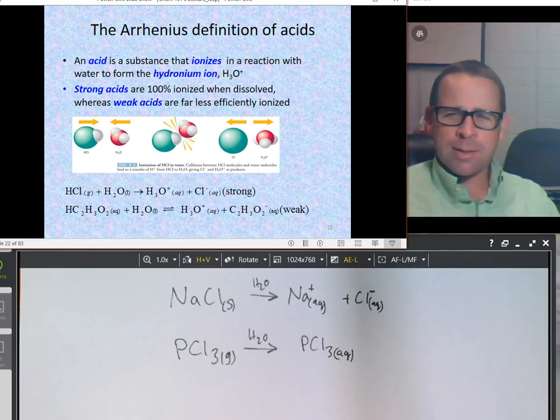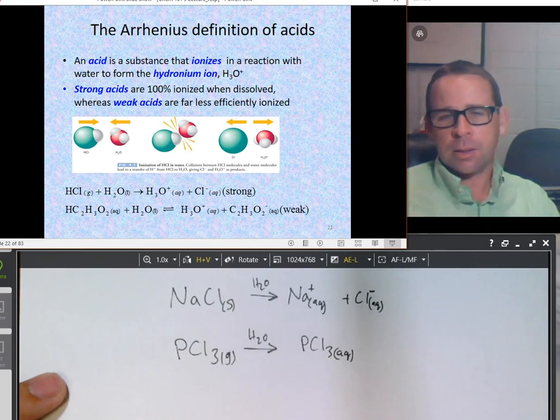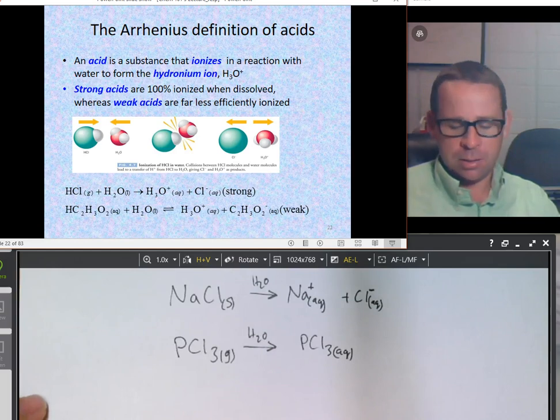But there are some molecular compounds that when you put into water, they actually do dissociate like this. Now, it's a very few number of them, and they get a special name. Another thing that's special about them is that all of them contain a hydrogen ion.